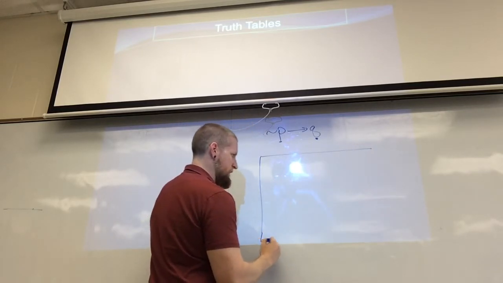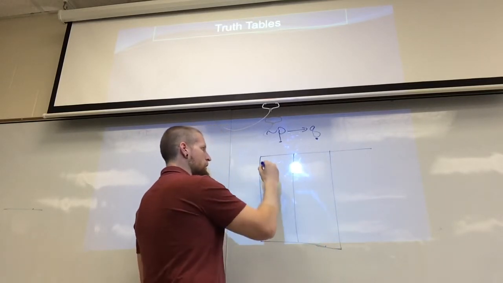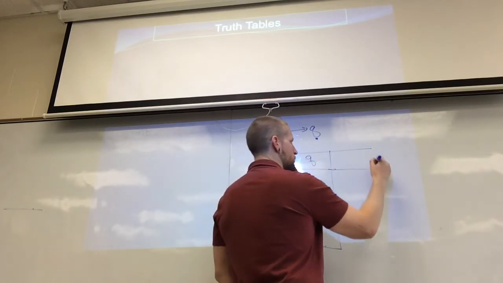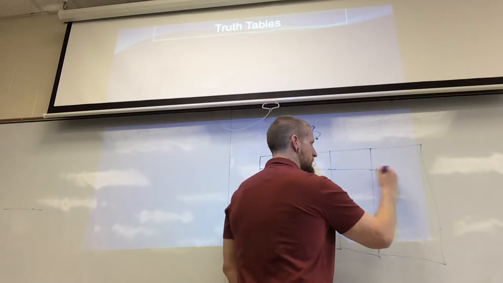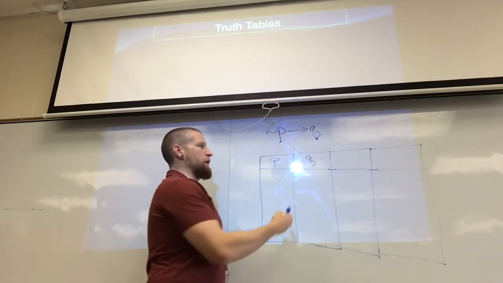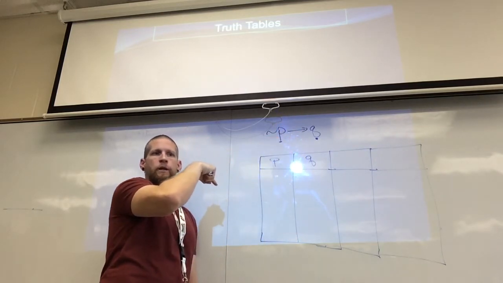So me starting this, again, for you guys, this is a matter of just seeing if you can do these. We don't really have time to go into how they get used. But this would be something like someone goes, okay, this is my logical argument.